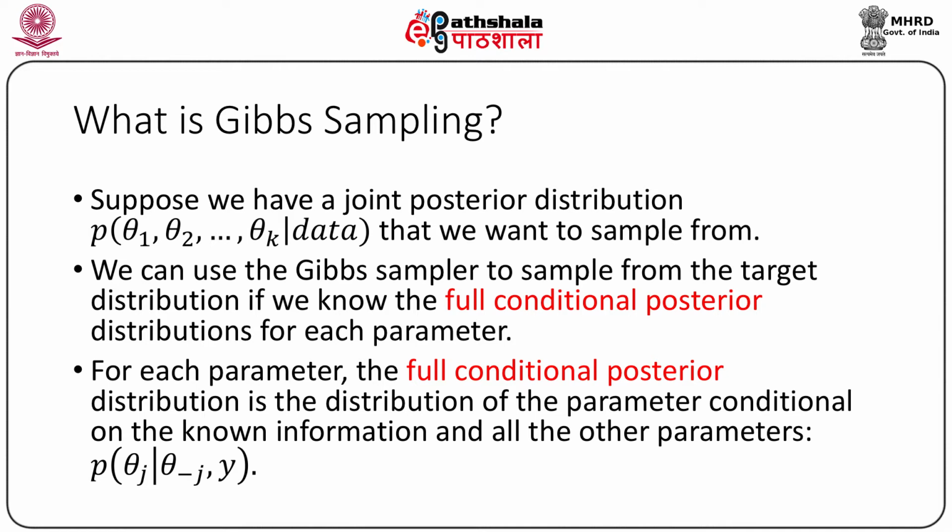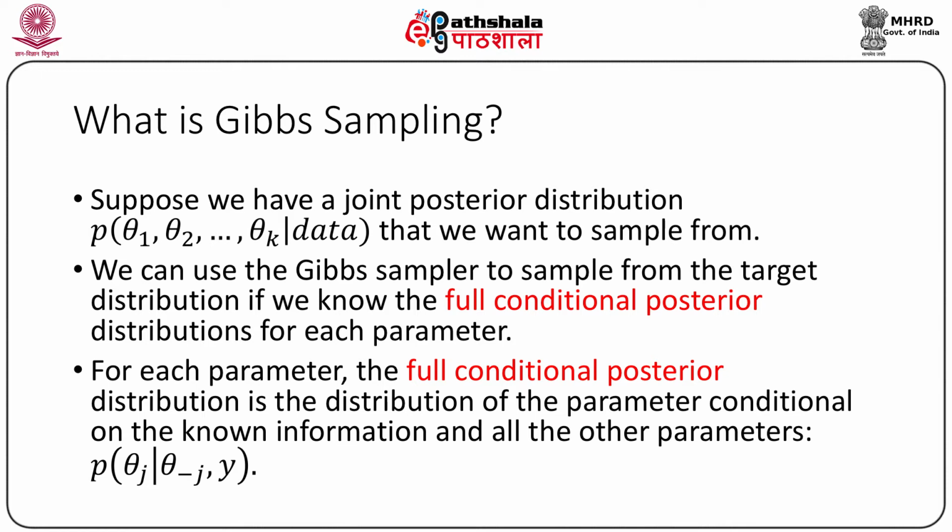Suppose we have a joint posterior distribution P of theta 1 up to theta k given the data, where theta 1 is a parameter, that we want to sample from. We can use the Gibbs sampler to sample from the target distribution if we know the full conditional posterior distribution for each parameter.